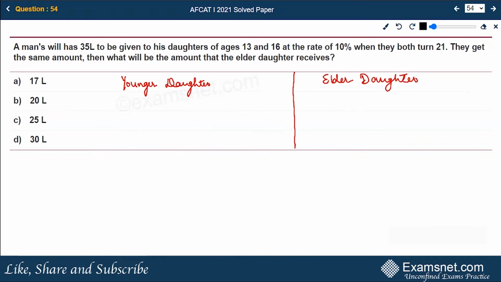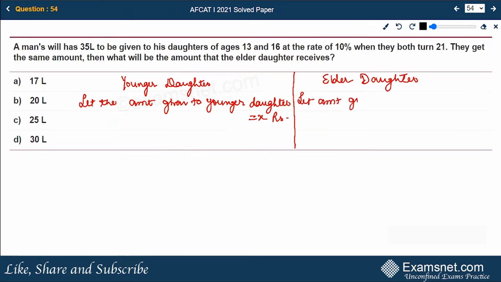So let the amount given to the younger daughter be X rupees, and similarly let the amount given to the elder daughter be Y rupees.